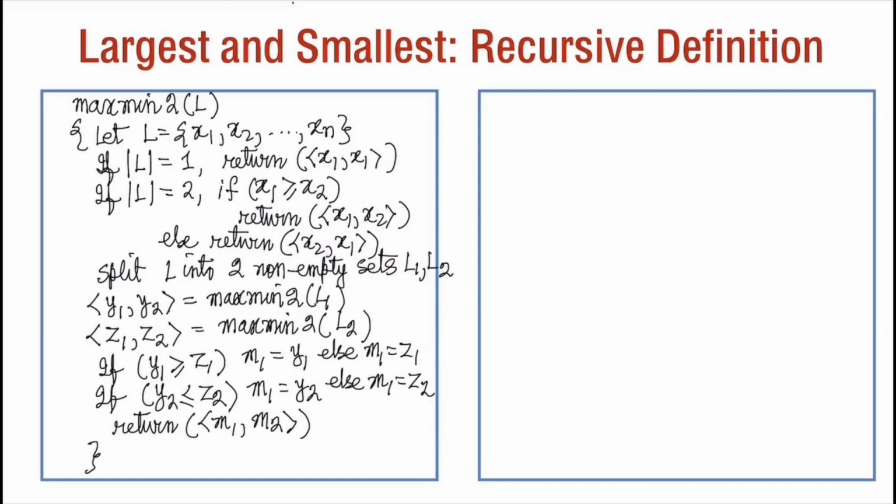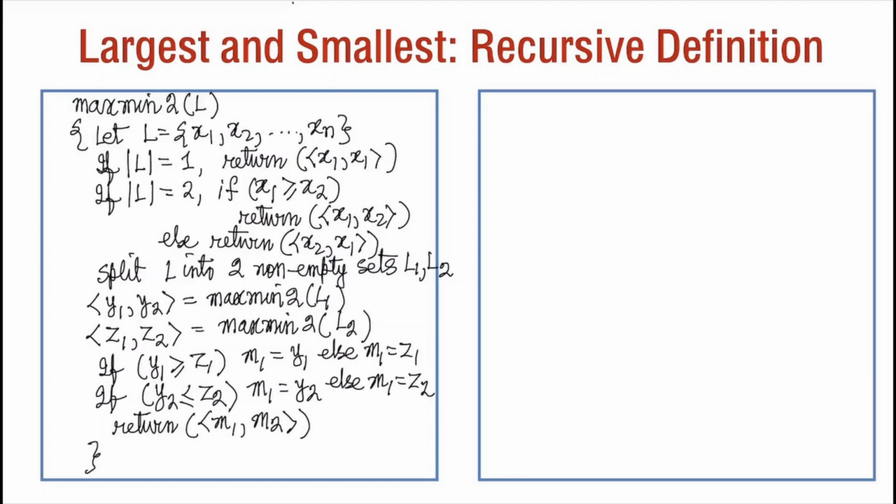So what have we done? We have had two base conditions. One is if there is only one element, then we return x1, x1. If there are two elements, then we compare x1 and x2 and accordingly return the max and min. Otherwise, if there are more than two elements, we split it into two non-empty sets L1, L2, and we return the max min of L1 and the max min of L2.